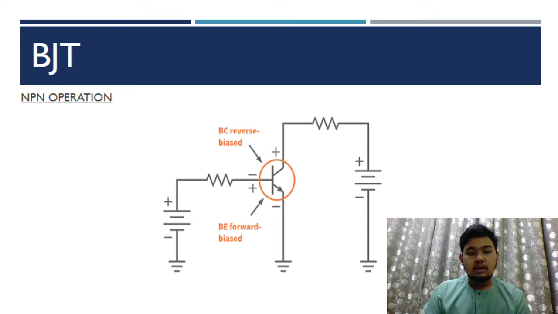Okay, for NPN operation, the N-type emitter region has a very high density of free electrons, while in a PNP transistor, the P-type emitter region has a very high density of holes. Current and electron flow are backward, which may cause confusion. Since the base-emitter junction is forward biased, free electrons from the emitter region easily cross the base-emitter junction and go into the very thin, lightly doped P-type base region.